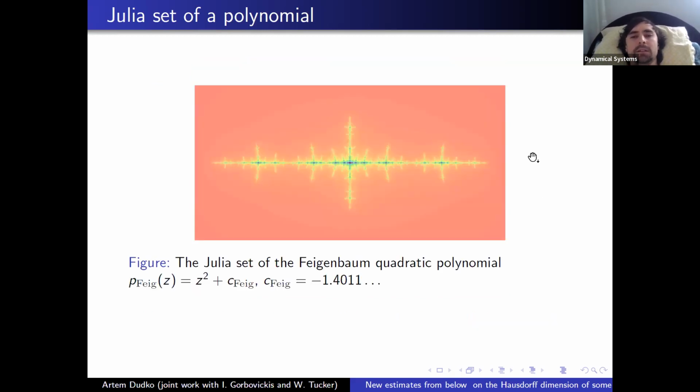This is one of the important examples, the Julia set of the Feigenbaum quadratic polynomial z squared plus c, with c approximately -1.4, from which the renormalization in complex dynamics originated.